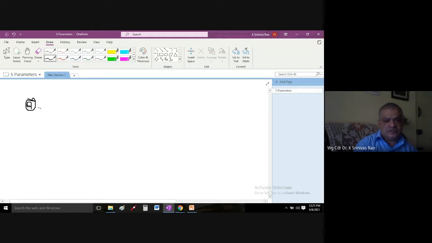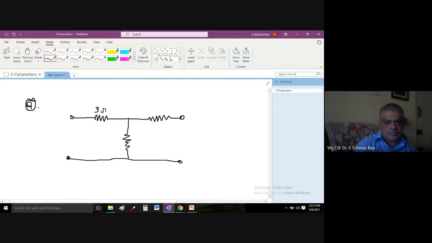Now we all try to solve this problem. Same thing, same problem. In the given network, this is 3 ohms, this is 2 ohms, and this is 1 ohm.